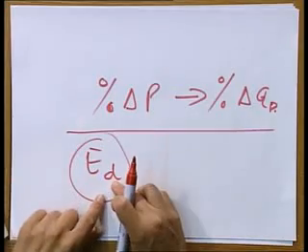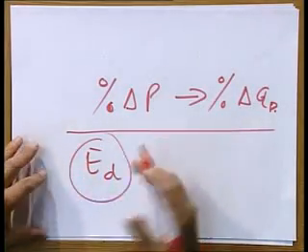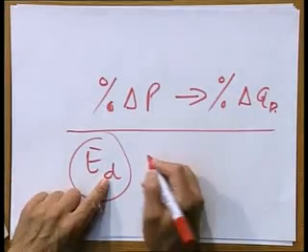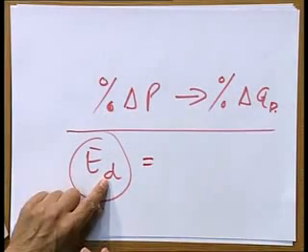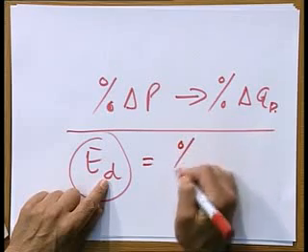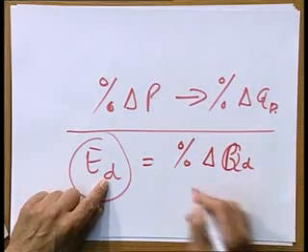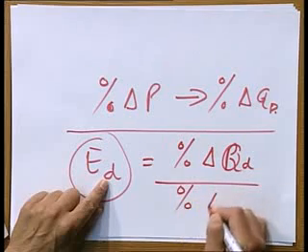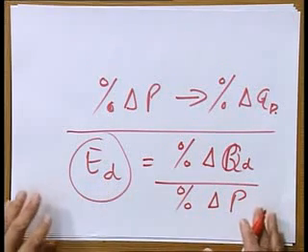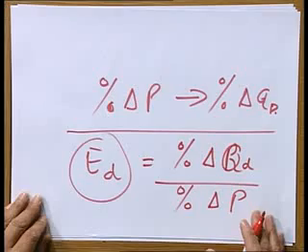D stands for demand. Some textbooks use P, which is price elasticity of demand. So ED, the general formula for price elasticity of demand, is the percentage change in the quantity demanded divided by the percentage change in the price. That is the general formula for price elasticity of demand.